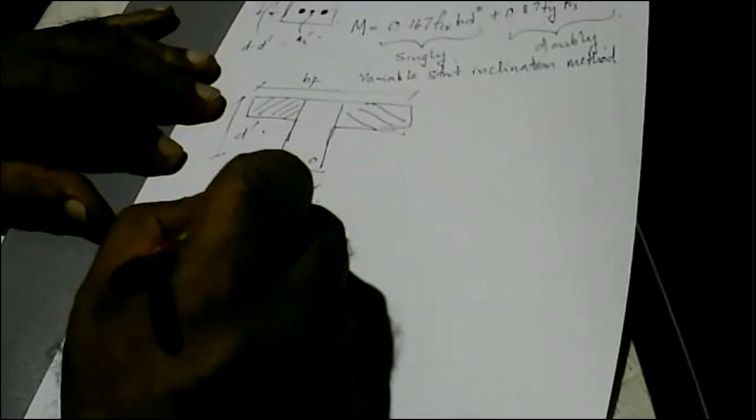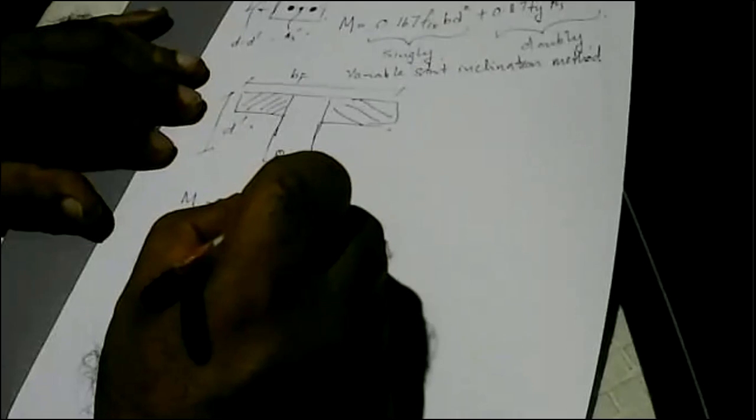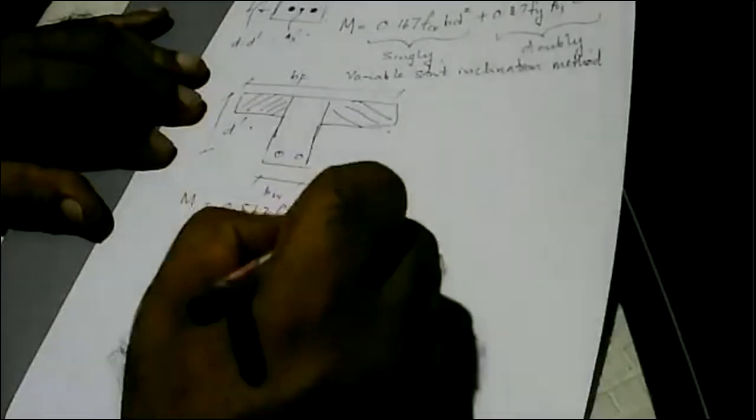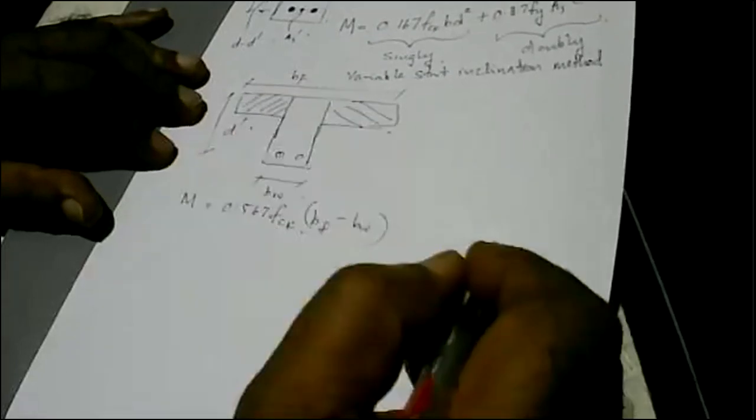Then we say M is equal to 0.567 FCK (BF minus BW). That is the shaded portion.